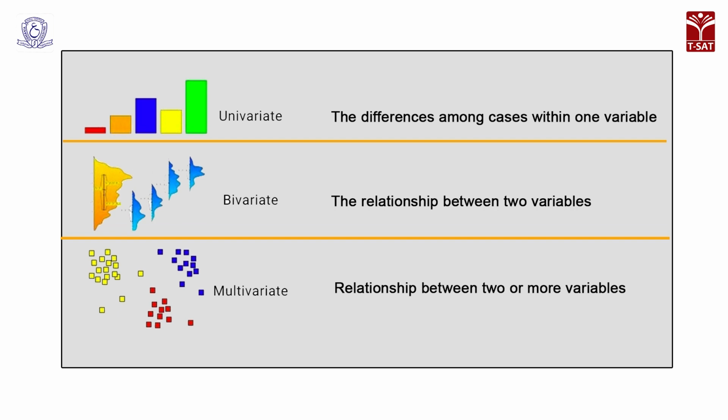We have discussed that univariate analysis examines the differences among cases within one variable. Bivariate analysis measures the relationship between two variables, while multivariate analysis looks for relationships between two or more variables.